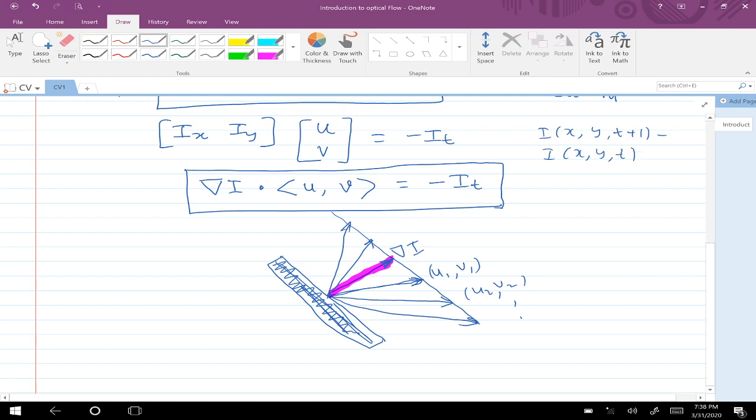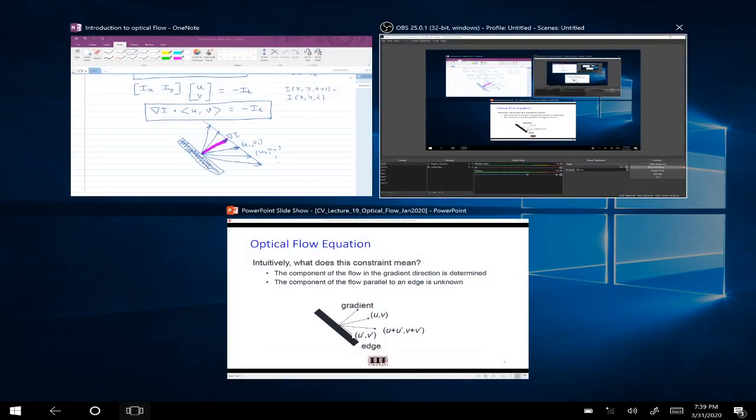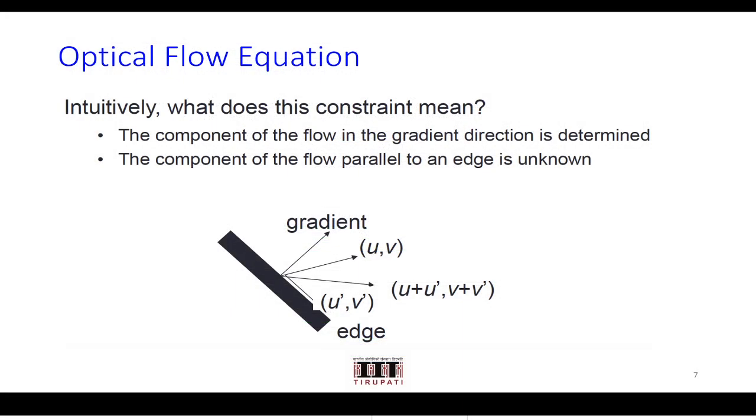That's fixed. For a given image you get it as a fixed value. So the right hand side you know the value. So suppose that's the value we are fixing. You get that same value for different u, because you are taking only one of the components, which is the component along the gradient, perpendicular to the edge, is all that you are taking here. So there are multiple solutions here. Let me go back to the slides mode here.